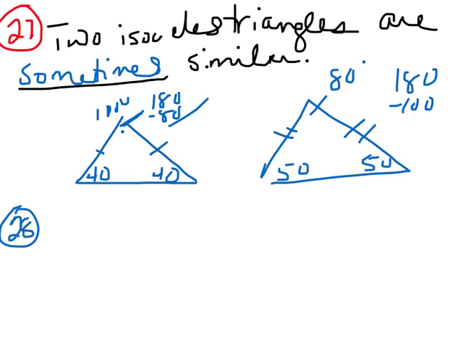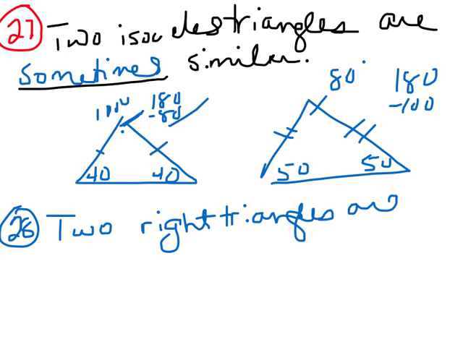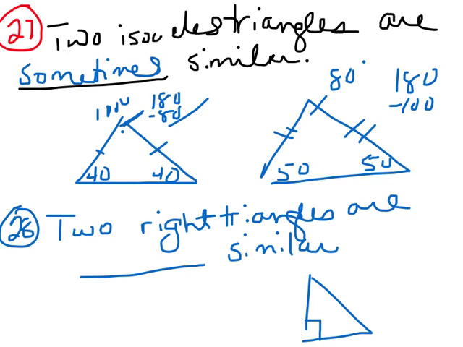And let's look at 28. Two right triangles are blank similar. Most of the time, they're not going to be similar. Sometimes they are. They're only similar if their angles match up. So if I happen to have a 30, 60, 90 and a bigger 30, 60, 90, those would be similar.